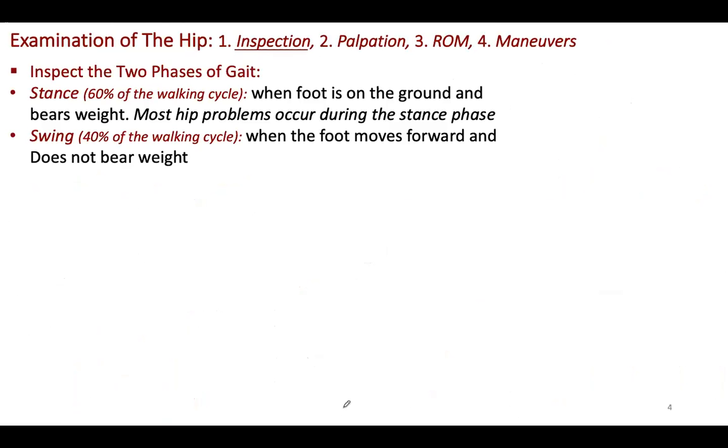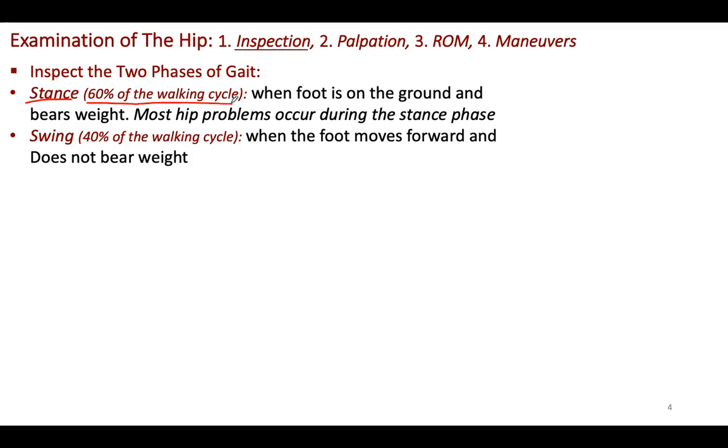Now, examination of the hip. It's important to examine the gait. And here, let me talk about two phases of the gait: stance and swing. When you're walking, sometimes your foot is on the ground and bears weight, and this is the stance phase. It occupies 60% of the walking cycle.